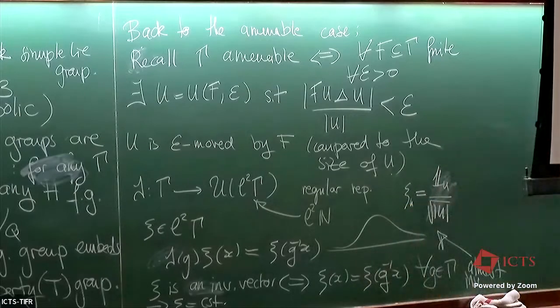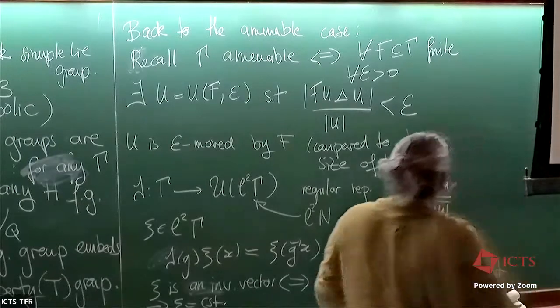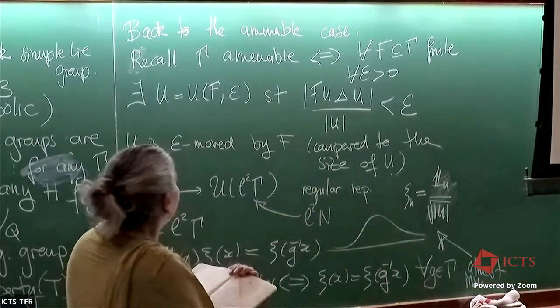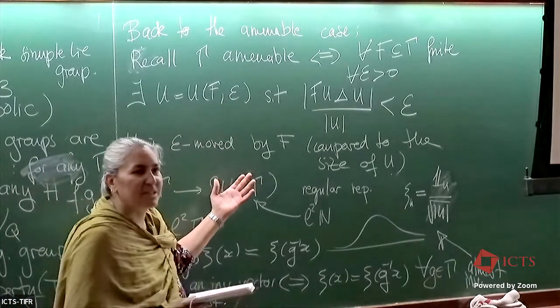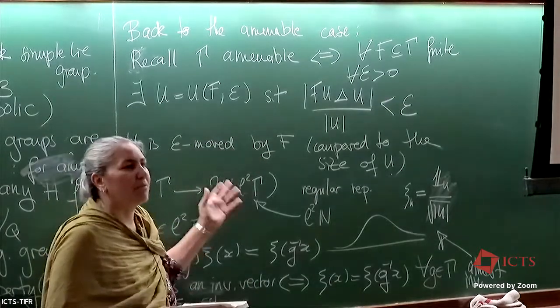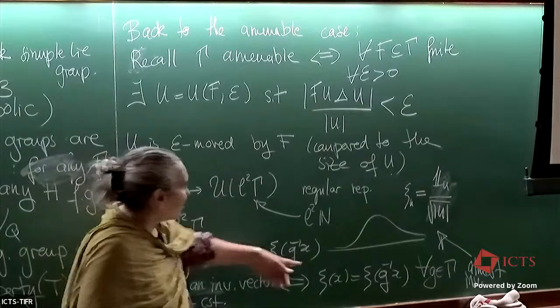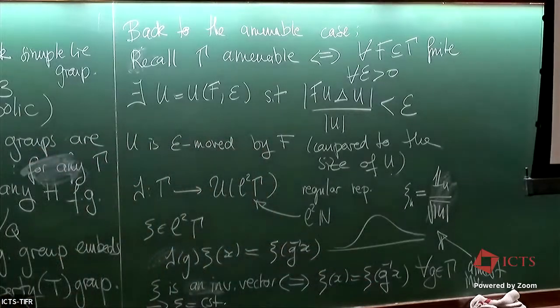So that shows that as soon as your group is infinite and amenable, you get a sequence of almost invariant vectors, but no invariant vector. And this is how you disprove property T.